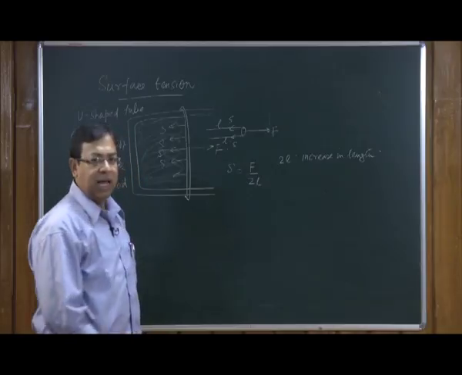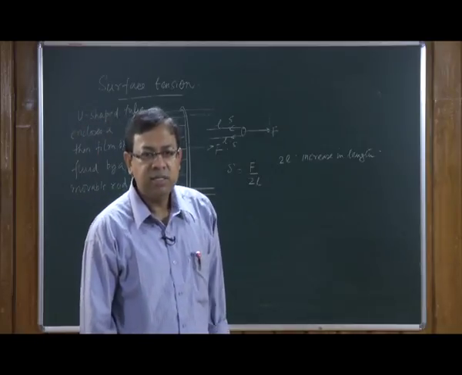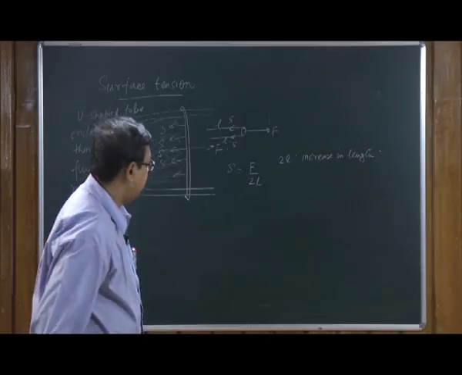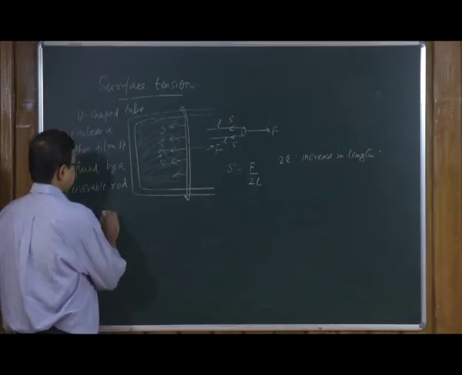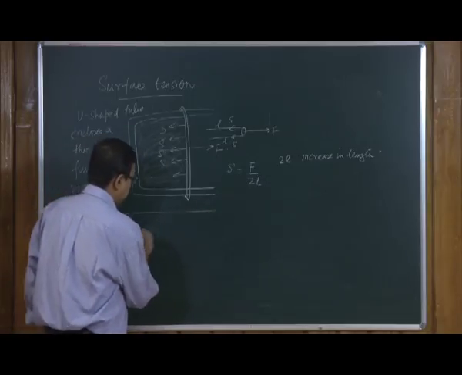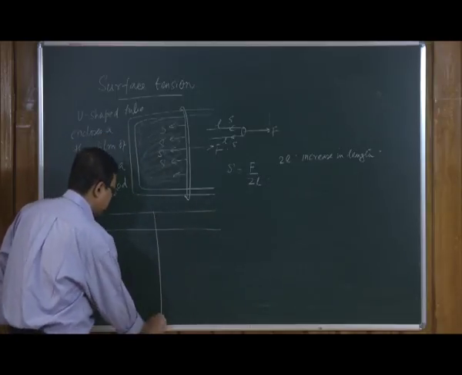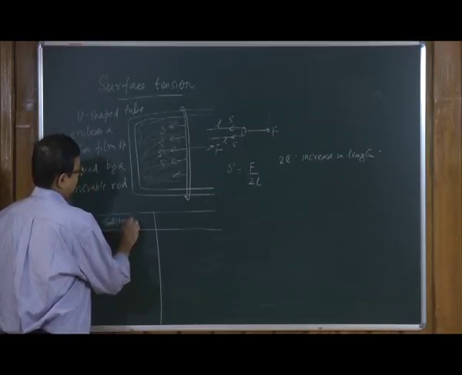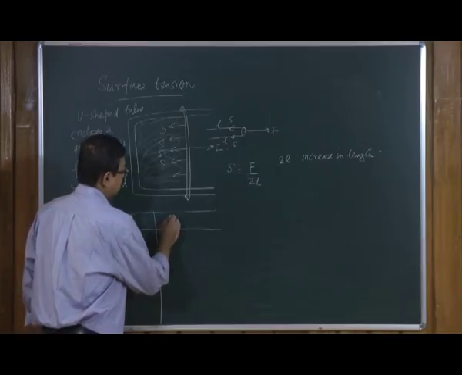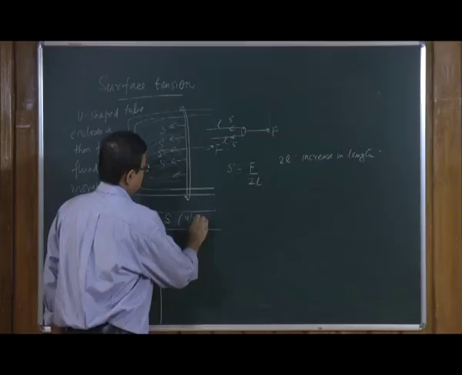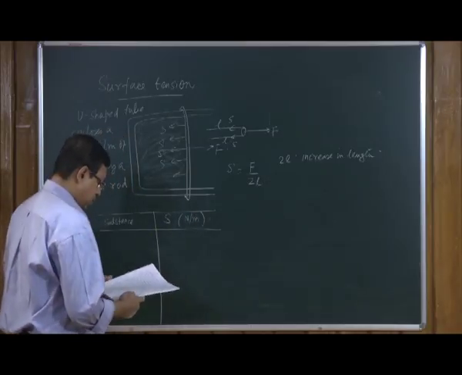And let us now write down the surface tension of some common fluids that we come across every day. Let us just make a table as we have done many times earlier. We will write down the substance and the surface tension, in units of Newton per meter.